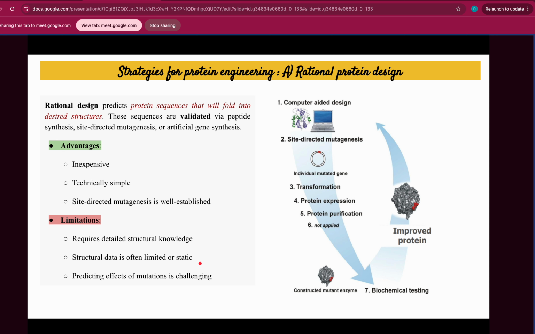So in many scenarios, the structural information we have from X-ray crystallography or some other methods, that is static information, and we do not know that in reality when we are performing these experiments in the in vivo conditions, whether that structure is exactly that way, or there are certain alternative forms which can exist for a particular protein. So there are certain limitations, and then predicting effects of mutation is also challenging. So these are some of the limitations of rational protein design.